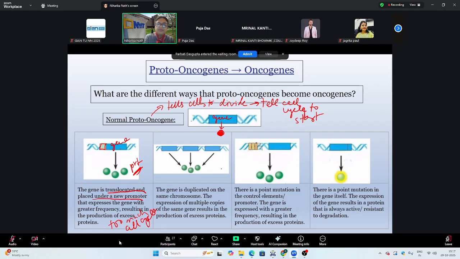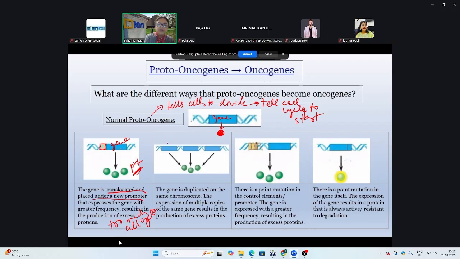Next thing that can happen is that the gene gets duplicated. You have a gene here, you have a gene here, and you have another gene. Now that's okay for a gene that's not harmful.